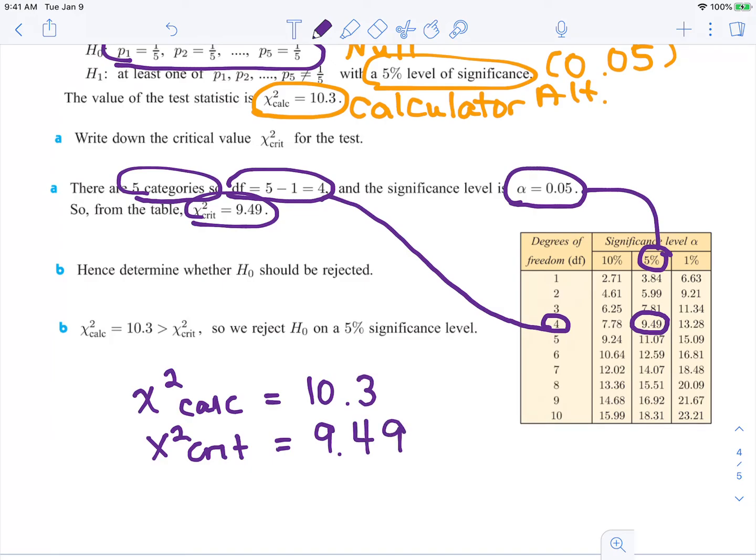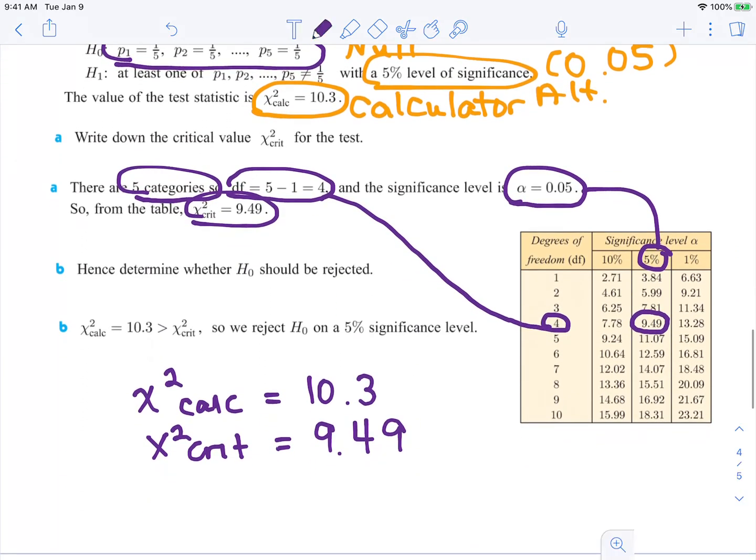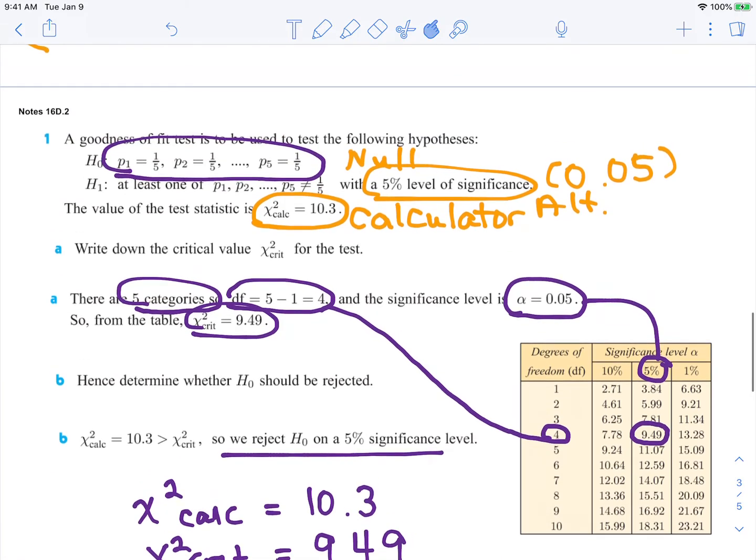Is it true that the chi-squared calculation is greater? Yes. So that means we're going to reject the null hypothesis. That means that at least one of those probabilities is not equal to 1/5, so we're going to accept the alternative: at least one of them is not equal to 1/5 at a 5% significance level.